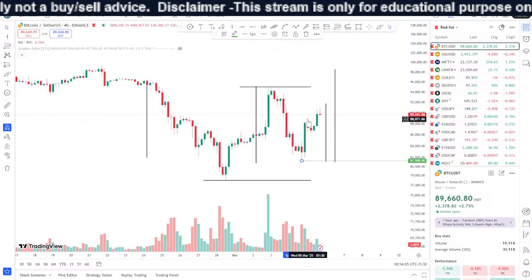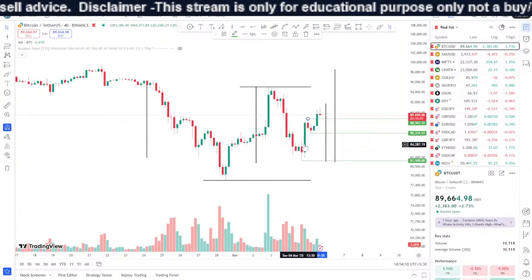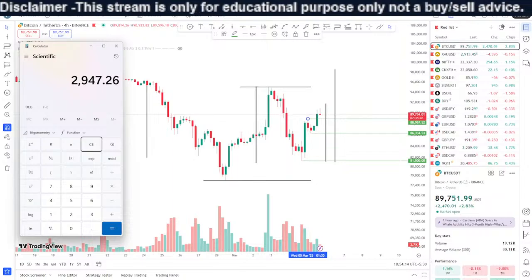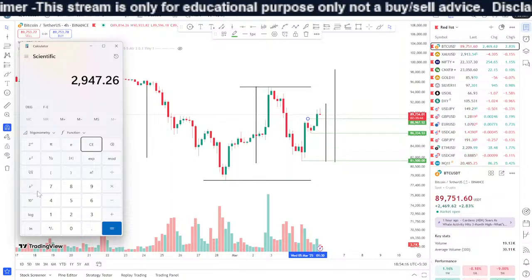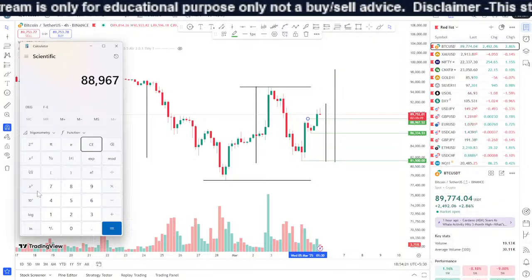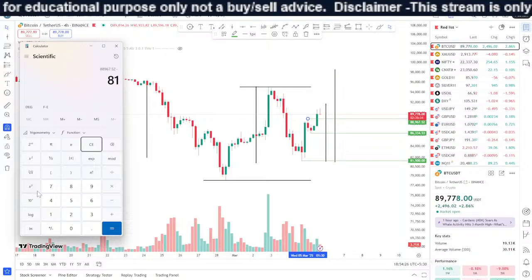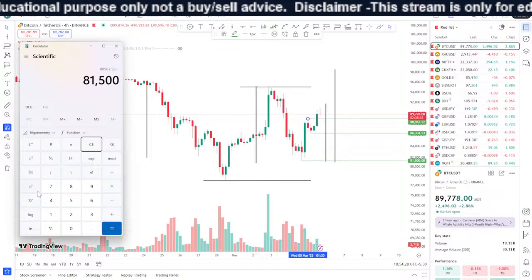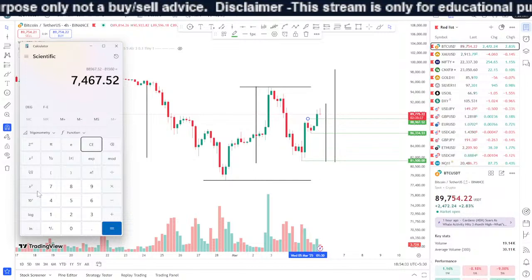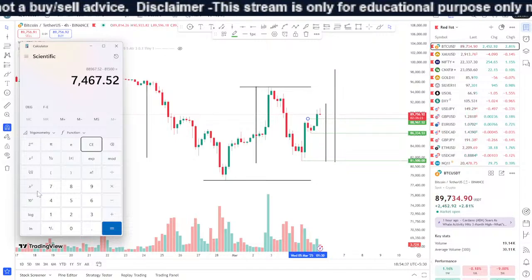The low point, the swing high point, the retracement point. 88,967.52 minus 81,500. What is the formulative number? The formulative number is 7467.52.